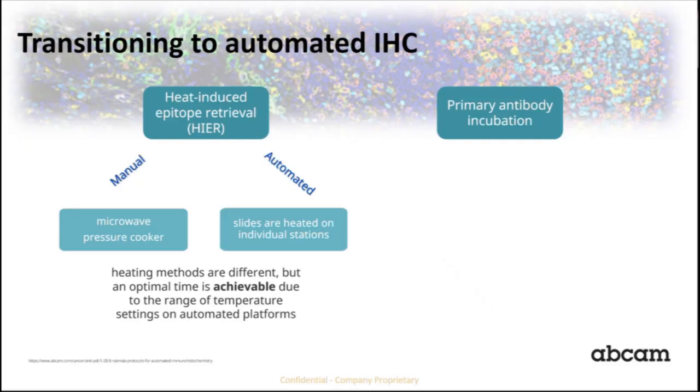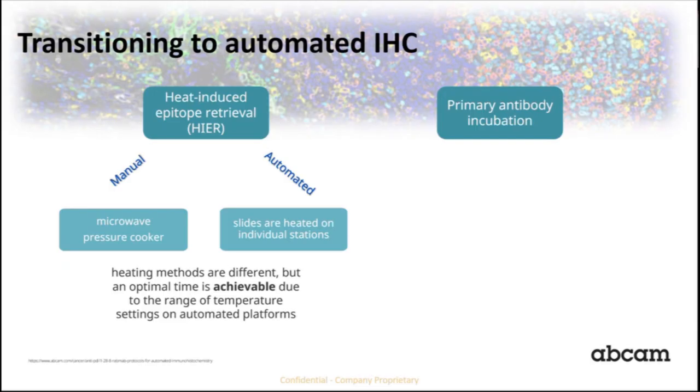However, in the automated system, the slides are now heated on individual stations. So although the heating methods are slightly different in manual and automated IHC, it can be easily translated since the machine usually allows you to choose the optimal time and temperature, and there's a wide range of temperature that can be used. So this is usually easily translated.